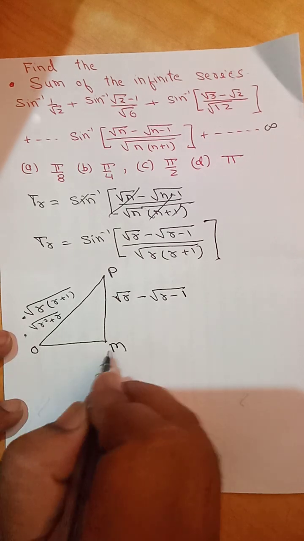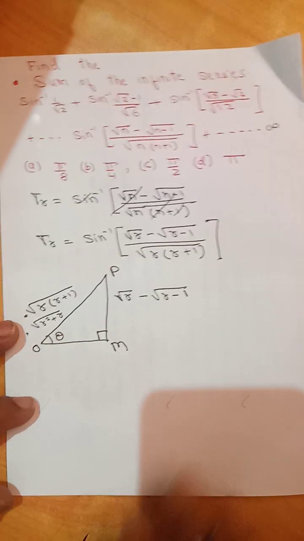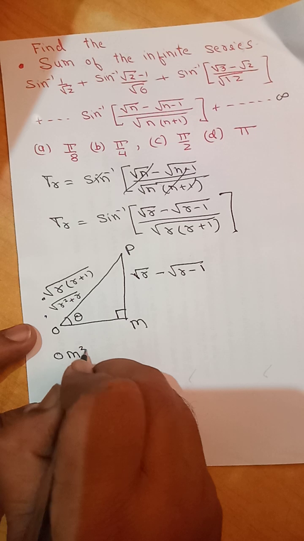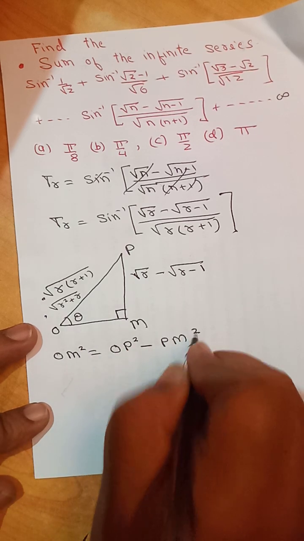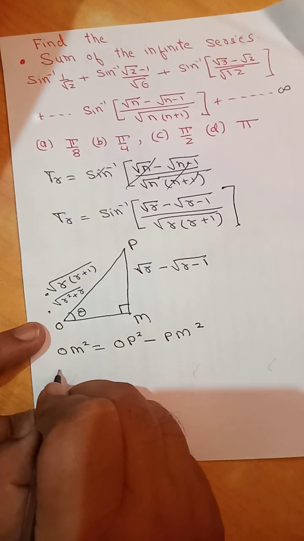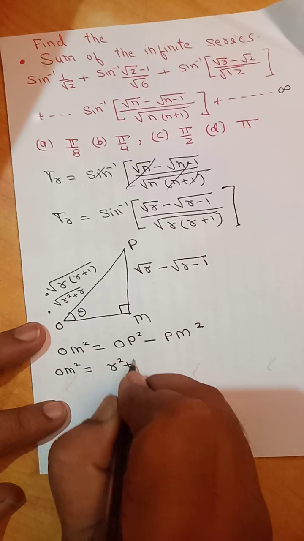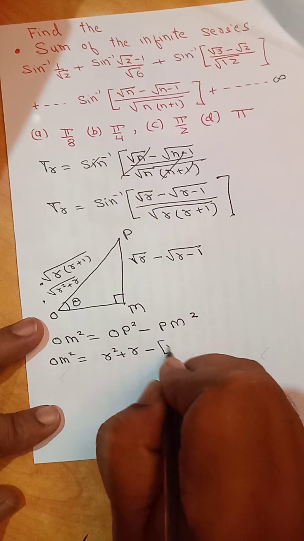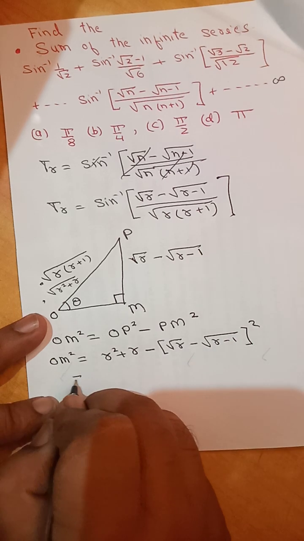Now we have to find OM by the Pythagoras theorem. I will write this angle as theta. OM square is equal to OP square minus PM square. So OM square is equal to OP square, that is R square plus R, minus PM square, that is root R minus root of R minus 1 whole square. Now simplification is important.